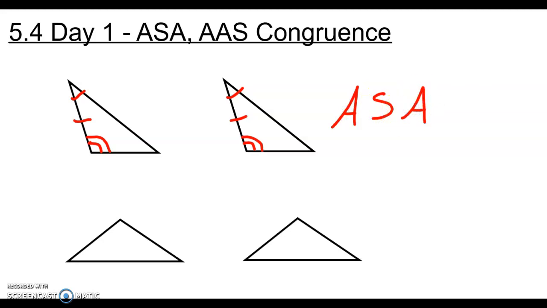And then angle angle side would be when there's two angles in a row that are going to be congruent, followed by a congruent side after them. Remember, they're named how they go around the triangle.